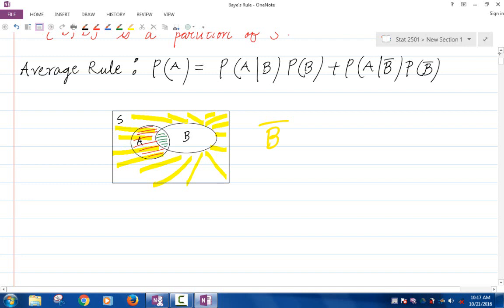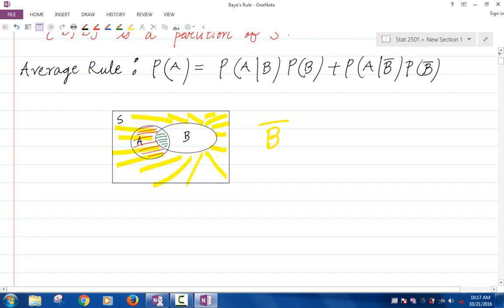Where the weights are given by the probabilities of the conditions B and B complement. Okay. Notice that the conditions B and B complement exhaust the entire sample space, right? B, B complement is a partition of S. So B and B complement exhaust the outcomes of the sample space.